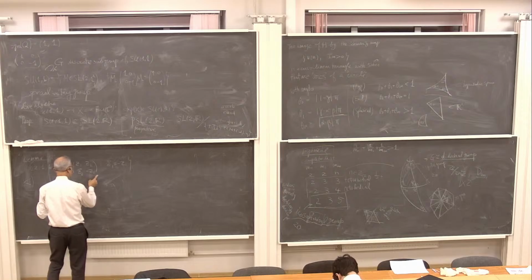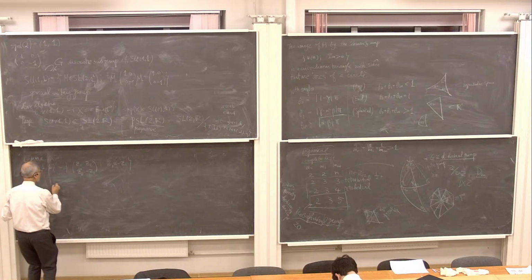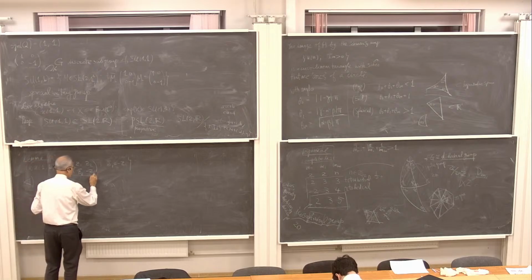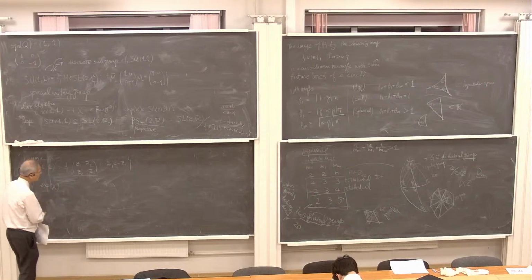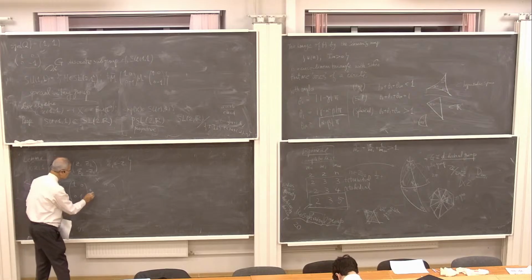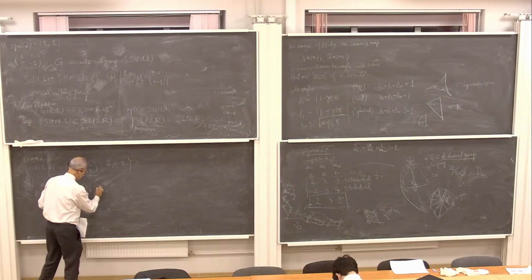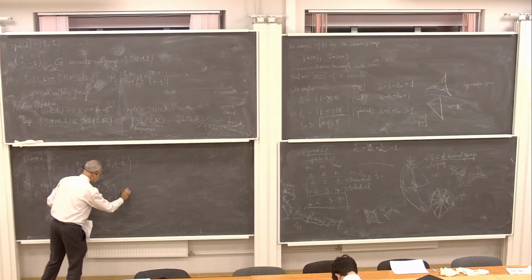Let me simply verify that, because exponential of, so I call this x, exponential x is up to identity plus this linear part plus higher order terms, square.